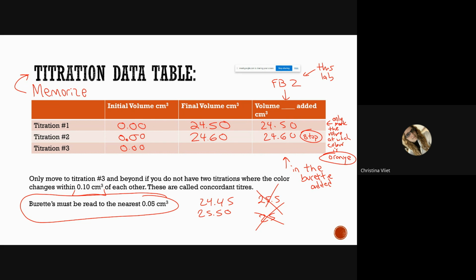A little bit more. The bottom of the meniscus right now, you have the top of the meniscus. You have to read it at eye level. The bottom of it. Yeah, the water is there.